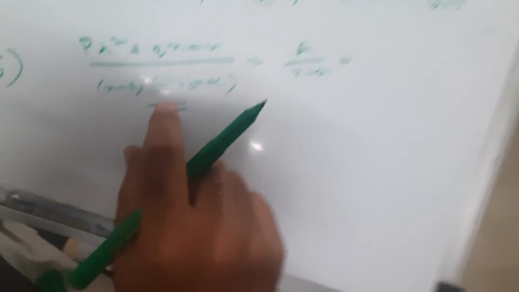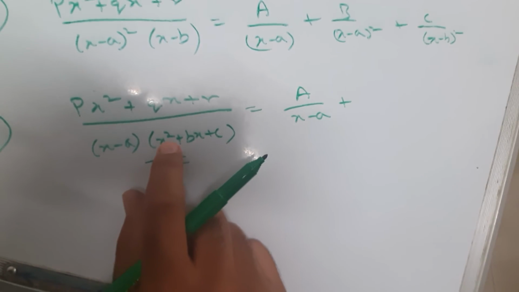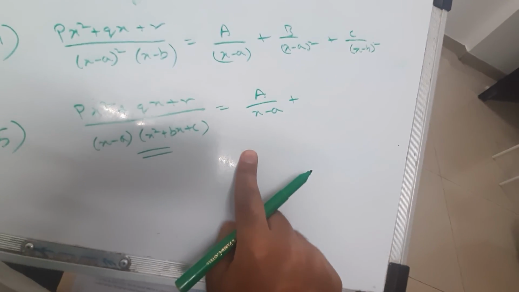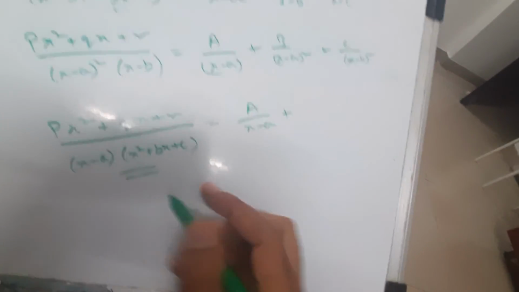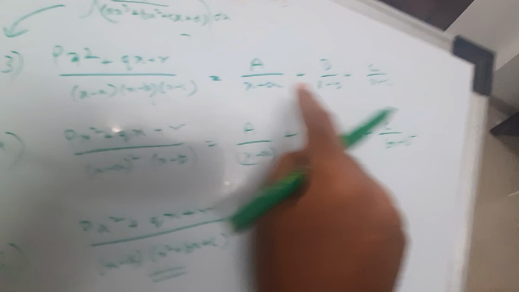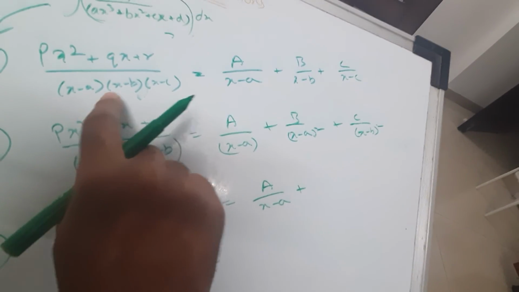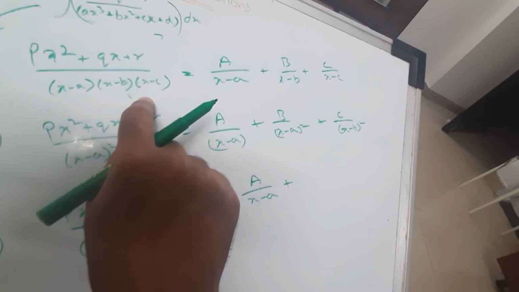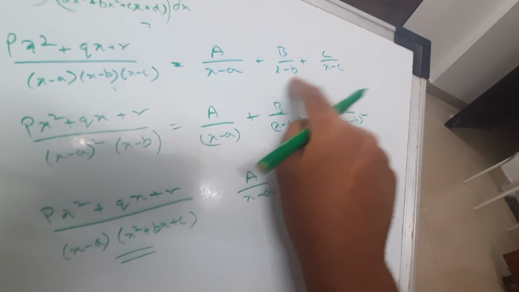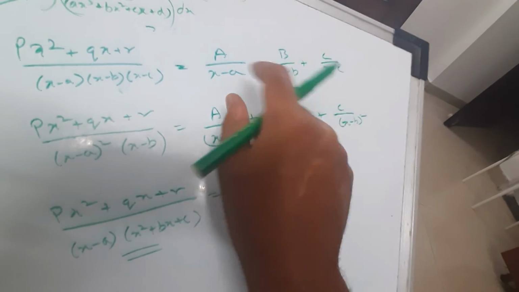Now, since we see an x square over here, the degree is 2, you're going to merge terms B and C, because if you multiply this, you'll get x square. So we're going to merge the B and C terms, since if we multiply these as well, you're supposed to get x square.